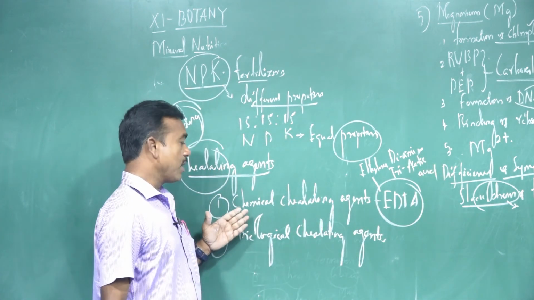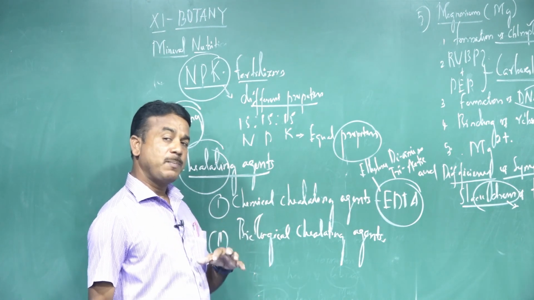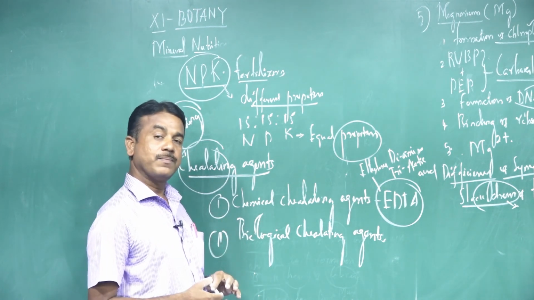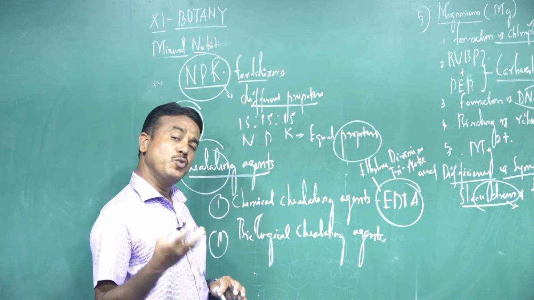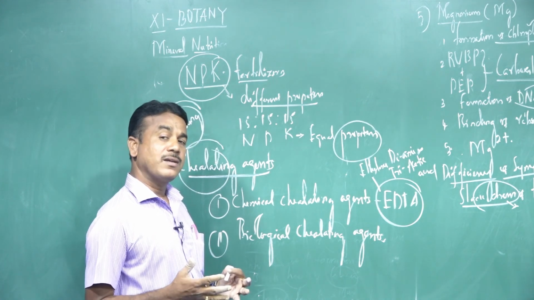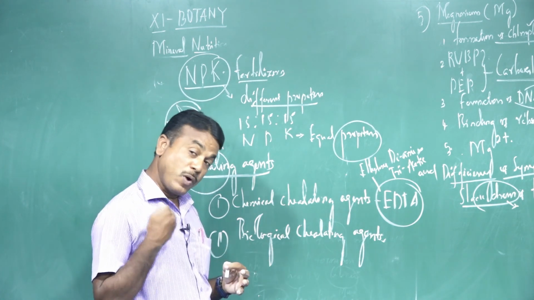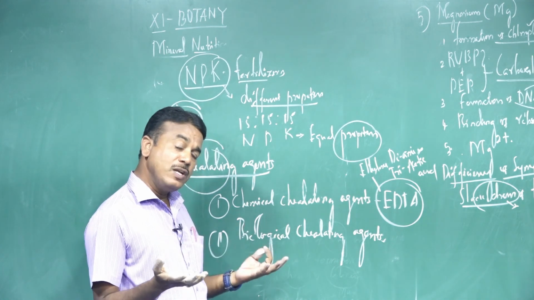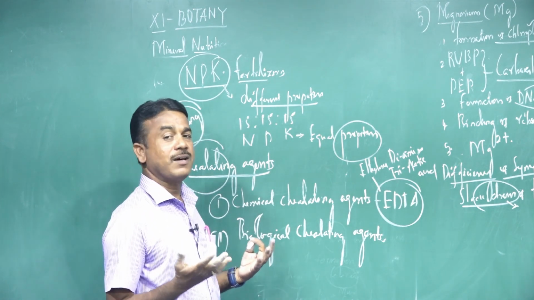What is the meaning of chemical chelating agent? Most plants can grow on alkaline soil. If growing on alkaline soil, they can be provided all nutrients along with iron, but the plant still shows deficiency of iron in the leaves and stem. How do we rectify that iron deficiency?